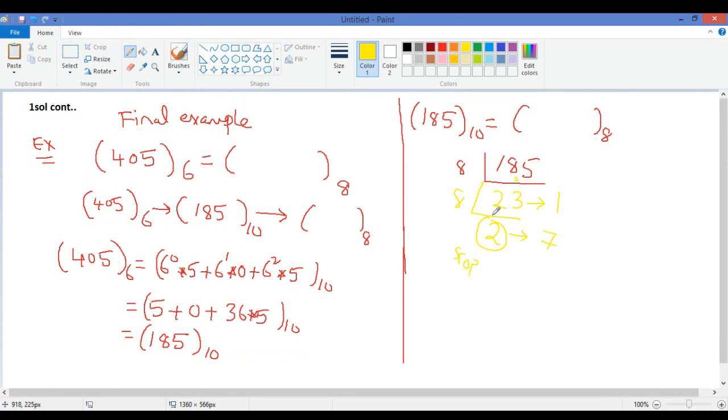After stopping, you have to take the numbers from bottom to top, which is equivalent to 271 in octal. So therefore, 185 in base 10 in octal is 271. So therefore, we got the final answer here: 271.